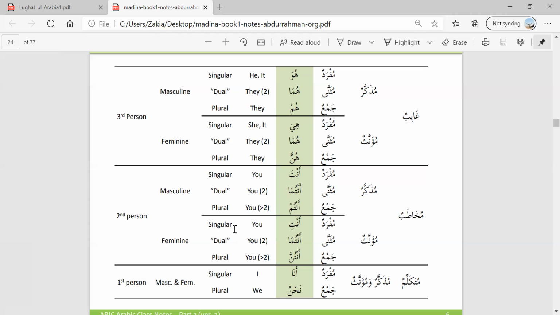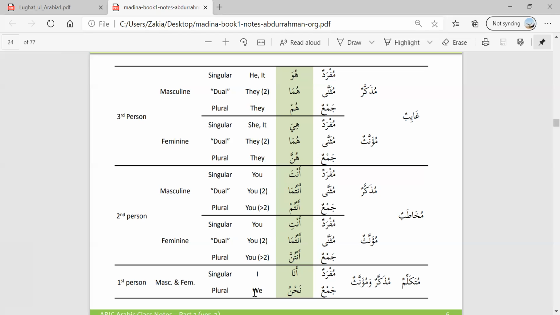Then you have anti, you singular, antuma, which is the same as this, you dual, and antunna, which is the plural. Then you have ana, which has no masculine or feminine form. It's just mufrad, singular. Then you have nahnu, which is jama, and we say we, and they are used for both masculine and feminine.